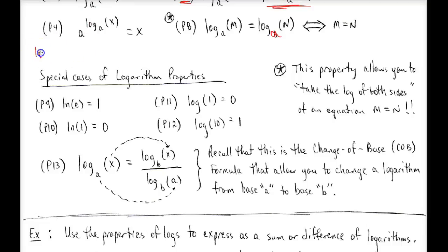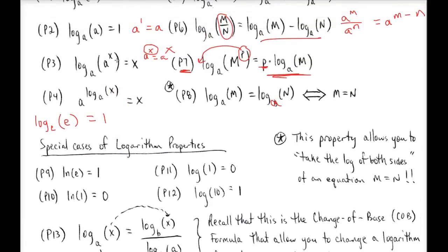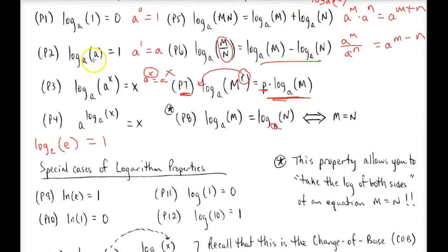So property 9 is log base e of e is equal to 1. If you look at that, this is essentially saying the same thing that property 2 is saying if our base A is now equal to the irrational number e. So property 9 is just a specific case of property number 2. Okay.